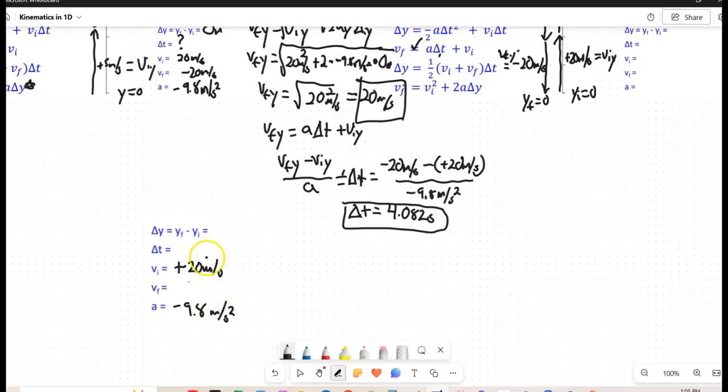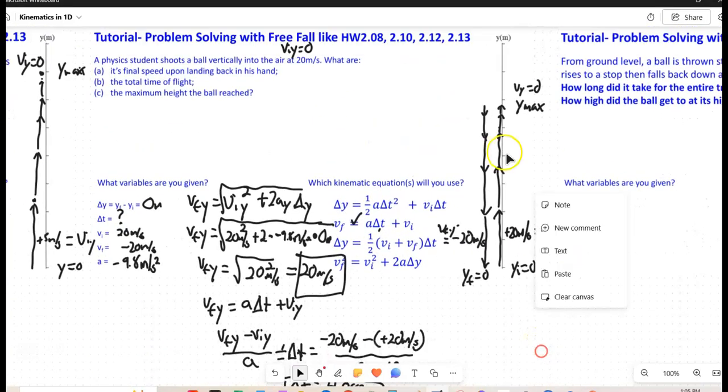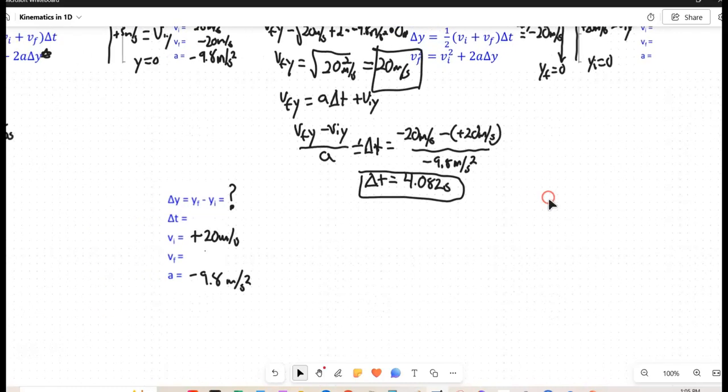But they're asking us to find the maximum height that it gets to. Now, when you throw a ball upwards and it reaches its maximum height, we know the velocity in the y direction is 0. And we could solve it right now, but we also know something else too.